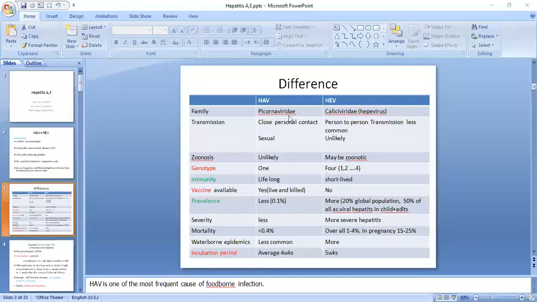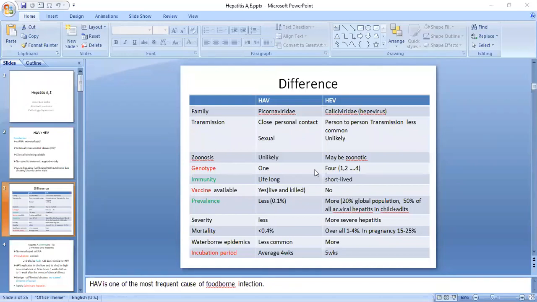And if someone acquires the infection, immunity develops for life in case of hepatitis A, while natural immunity in case of hepatitis E infection is short-lived.